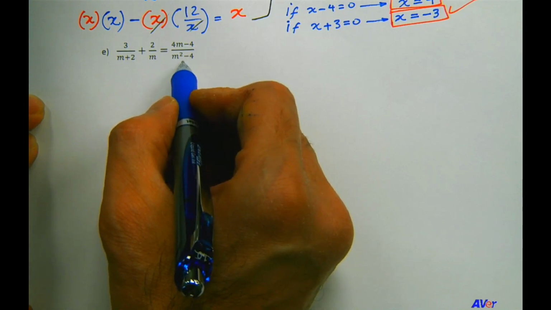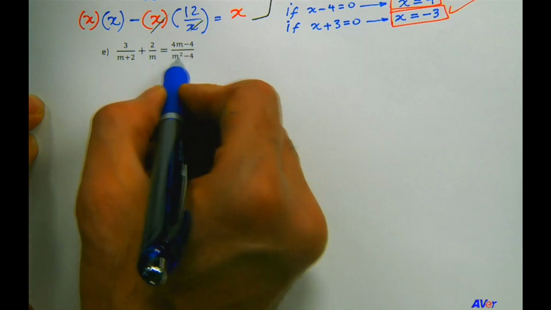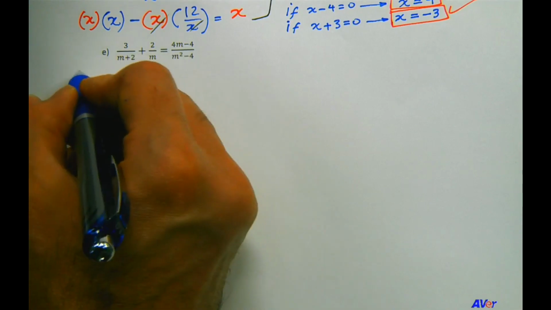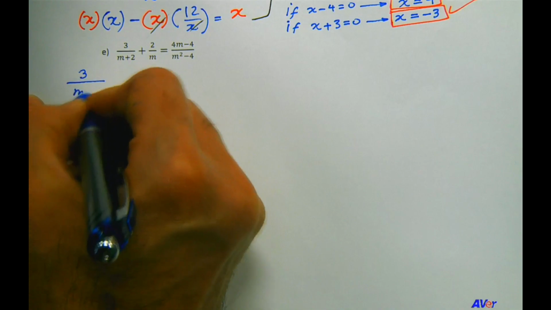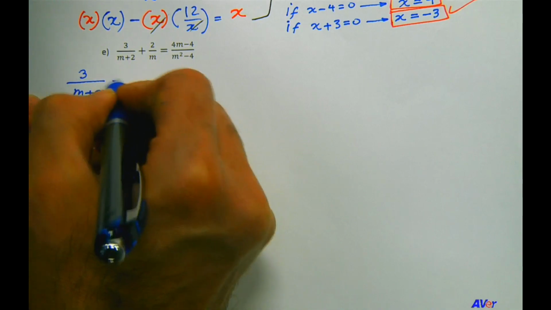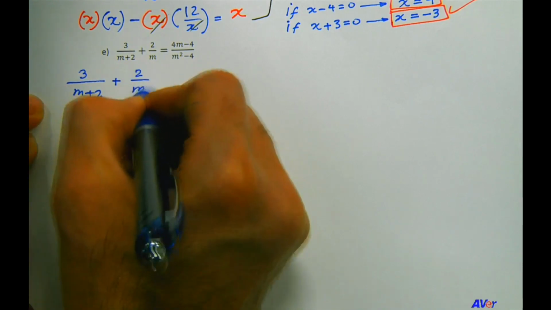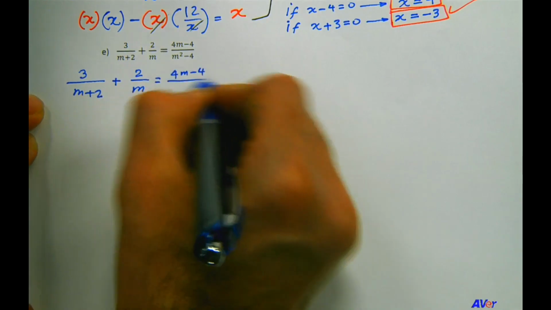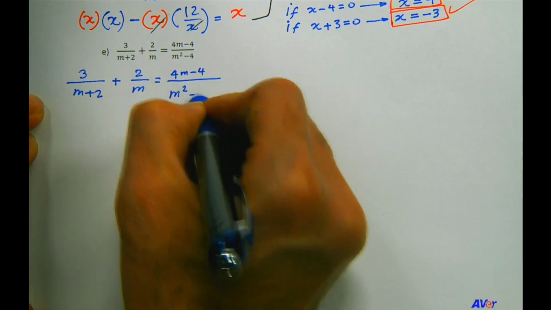Yes, it can. So let's write it down. Notice that m squared minus 4 is a perfect square minus another perfect square, right? So we have 3 over m plus 2, plus 2 over m, equals 4m minus 4 divided by m squared minus 2 squared.